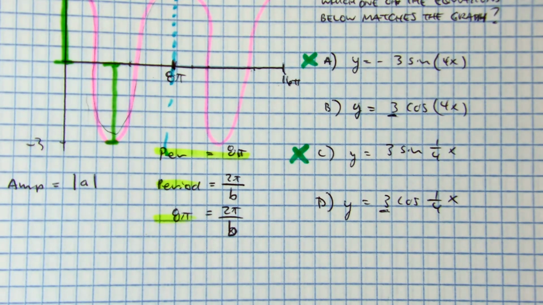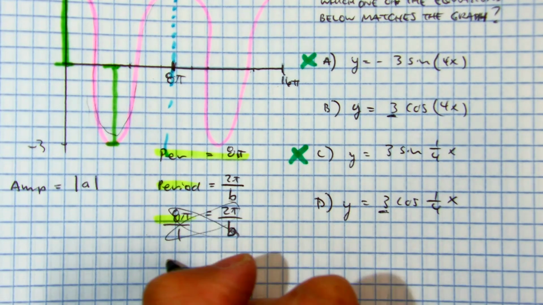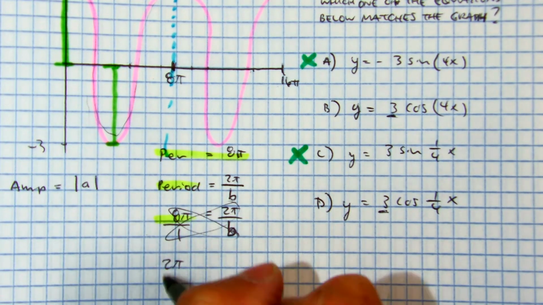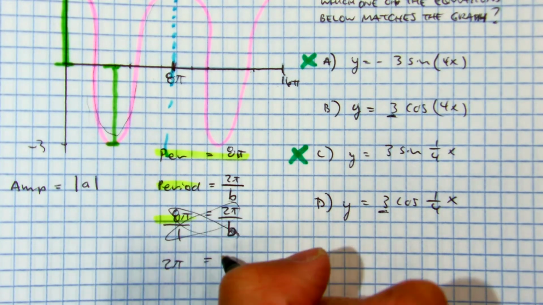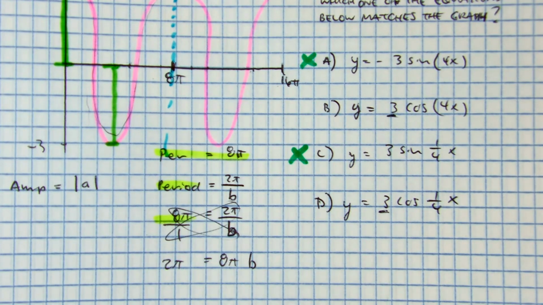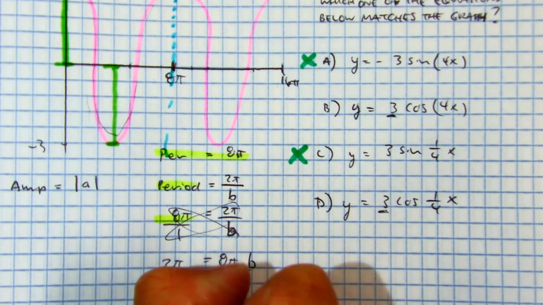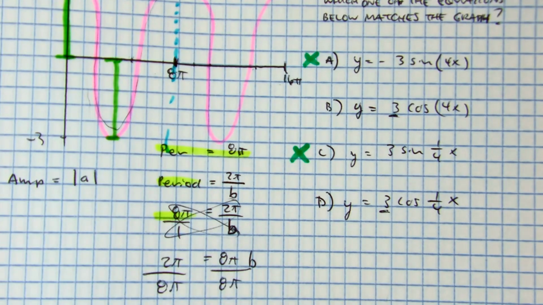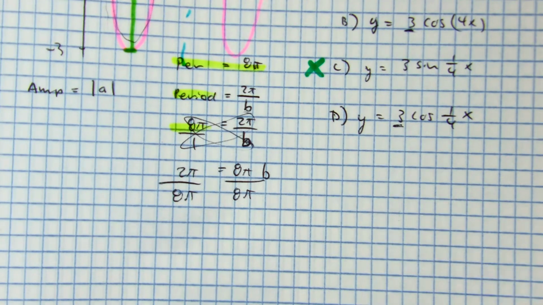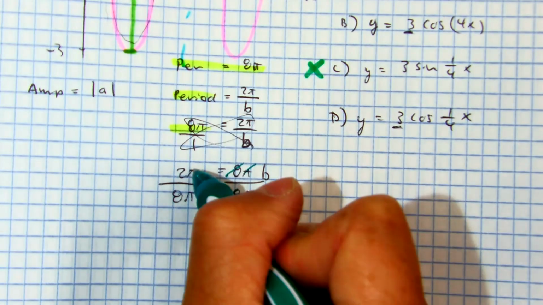Melissa, what can we do? Yeah, I'd make this a 1 and you can cross multiply. 1 times 2 pi is 2 pi. 8 pi times B. We're trying to solve for the letters A and B. So if I divide by 8 pi here, your 8's will cancel, pi's will cancel, pi's will cancel over here.